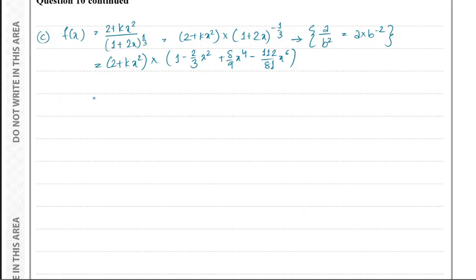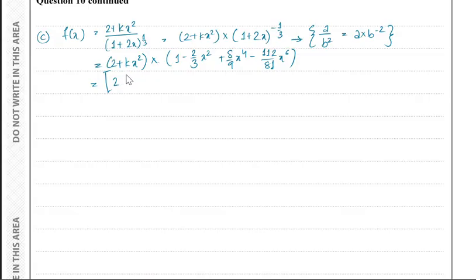Now we have to multiply 2 with the expansion of part A first. So 2 multiplied by 1 is just 2.